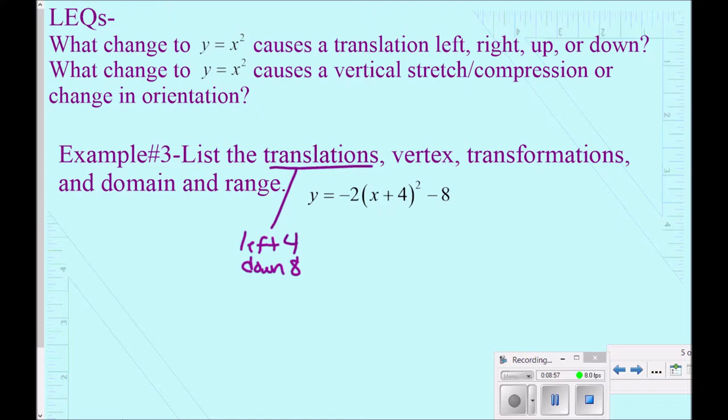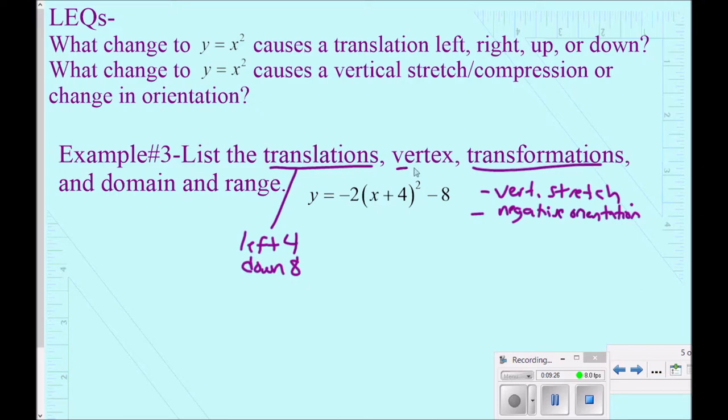So next, transformations, the negative 2 means a vertical stretch, and the negative means a negative orientation. And remember, when you're realizing it's a vertical stretch, that's because we take the absolute value of negative 2, which is 2, and 2 is greater than 1, therefore it's a vertical stretch.